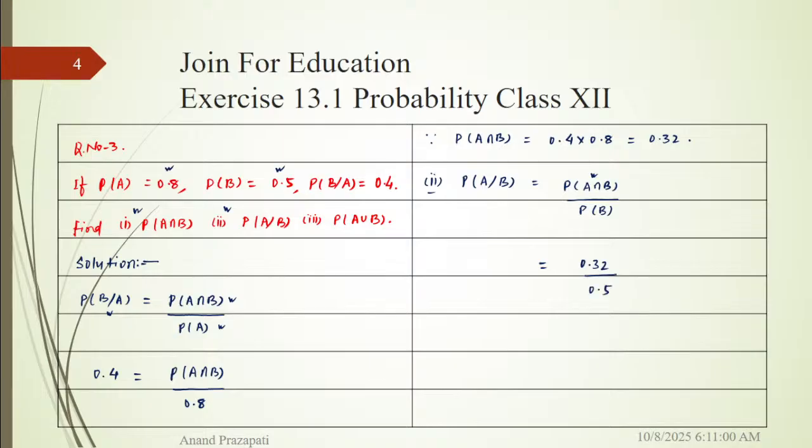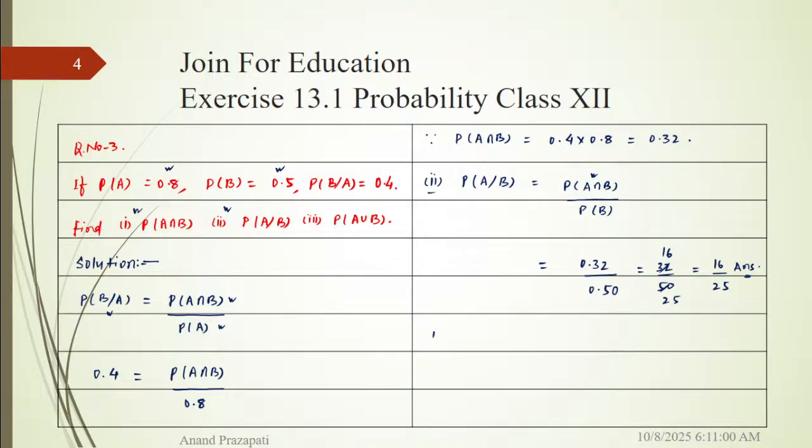After decimal we have 2 digits, so here we also write 2 digits after decimal, then here will be 32 by 50. We cancel out the common factor, then this one will be 16 by 25. So this one will be the answer of the second part of this question.